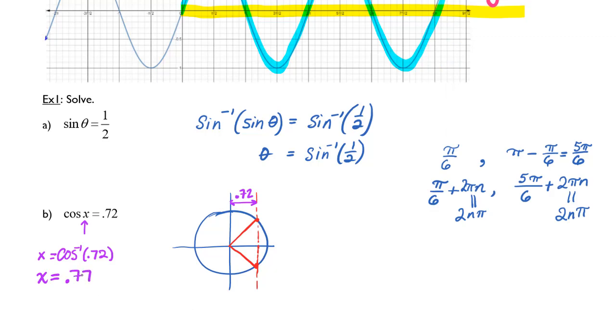And now I need to figure out if that's the only answer, because remember, I was only given this first radian measure. So I have 0.77 radians to get to 0.72 horizontally.